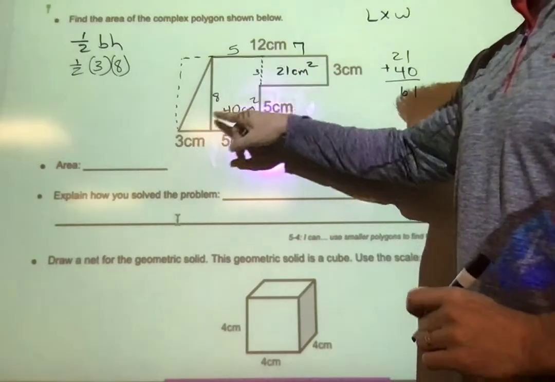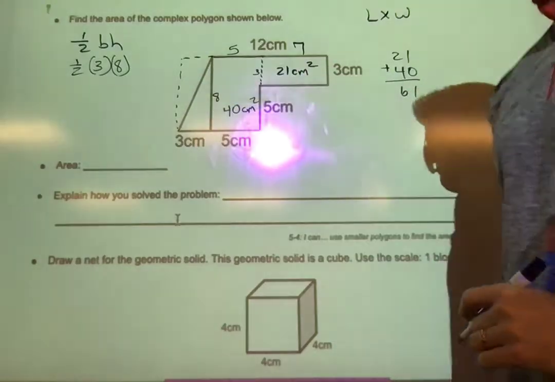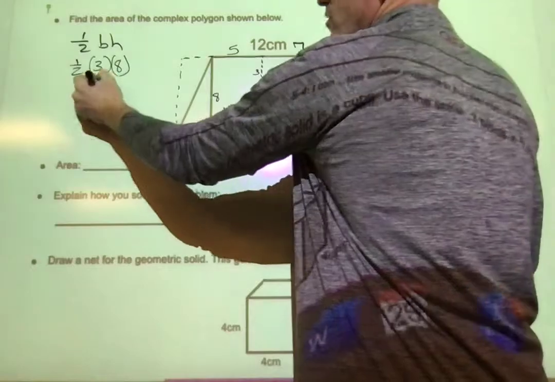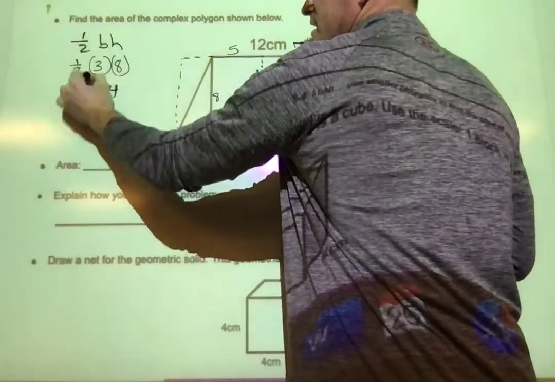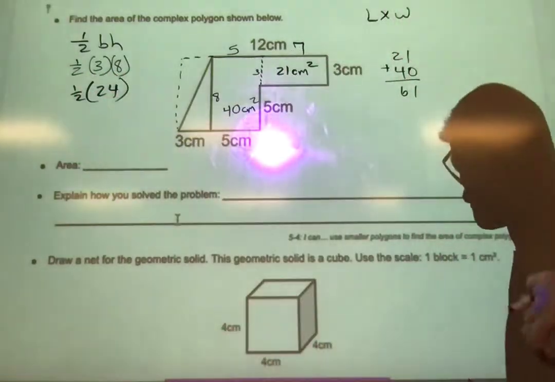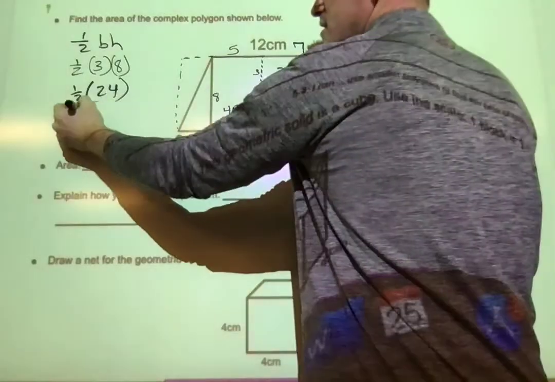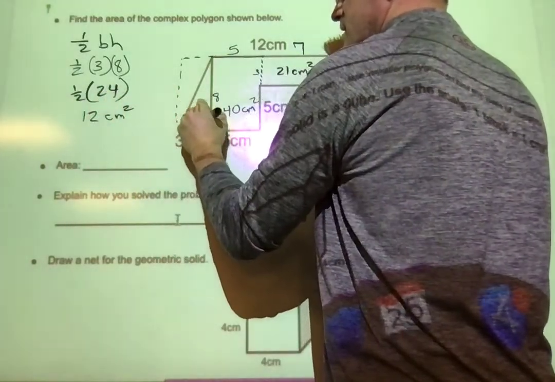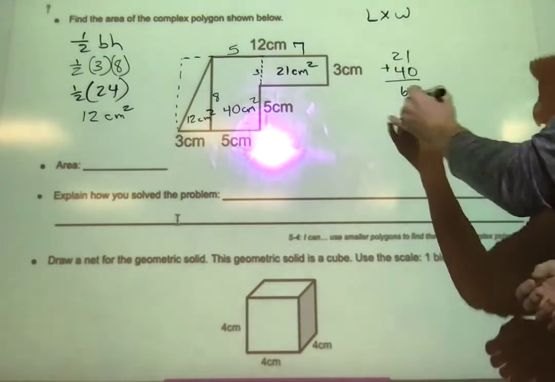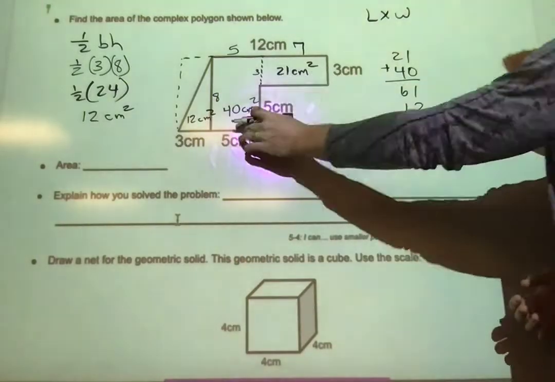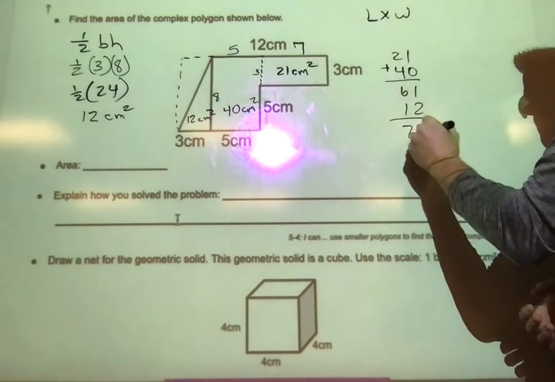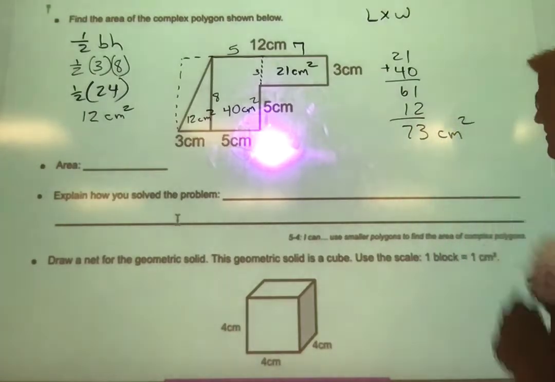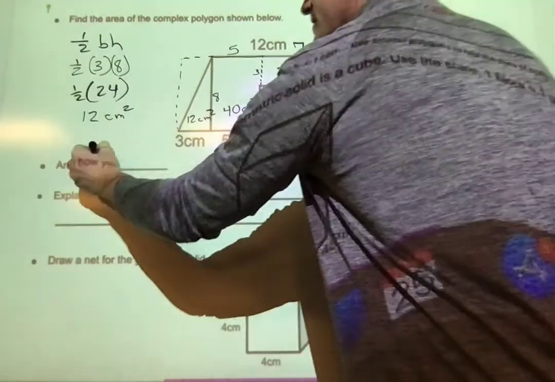This part isn't here. So I'll just get this half here, which is this triangle. So 8 times 3 is 24. And I want to cut that in half. Again, shouldn't have to show my work. A half of 24 is 12 square centimeters over here. So I can add that on to the 61 that I already have here. I should get 73 square centimeters. I'll write that in.